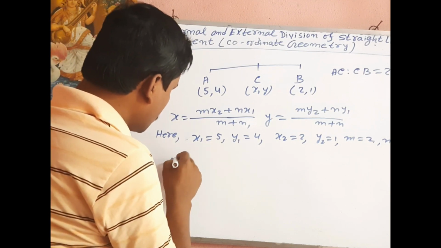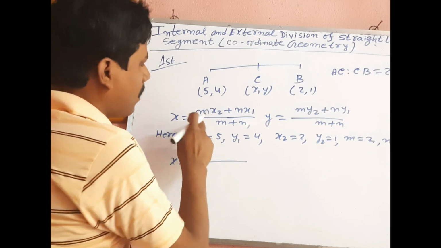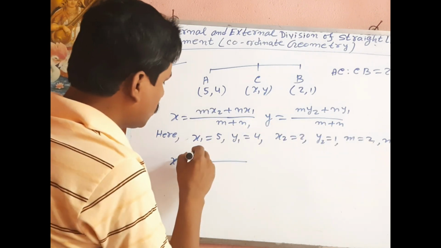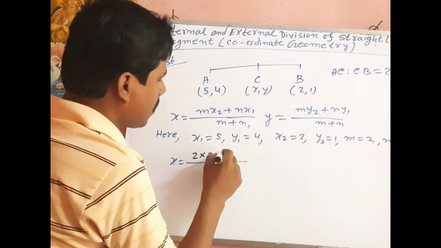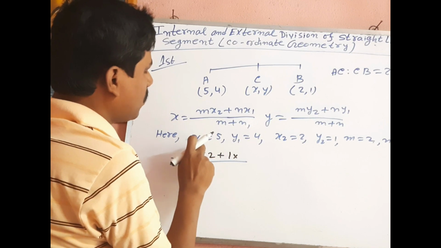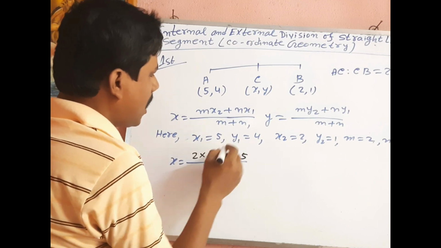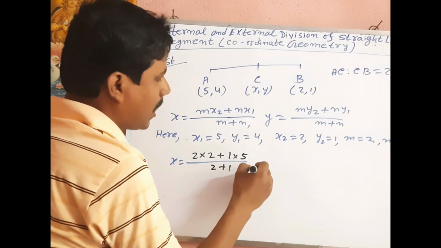So x is equal to, putting the value of m equal to 2 into x2, the value is 2, plus n equal to 1 multiplied with x1, this is 5, divided by m plus n, 2 plus 1.